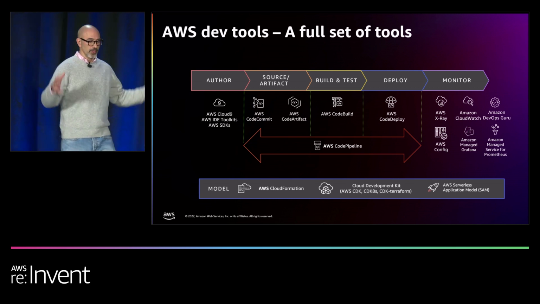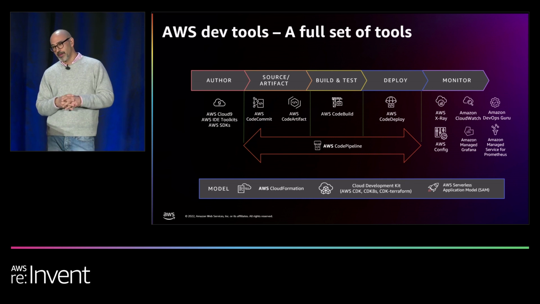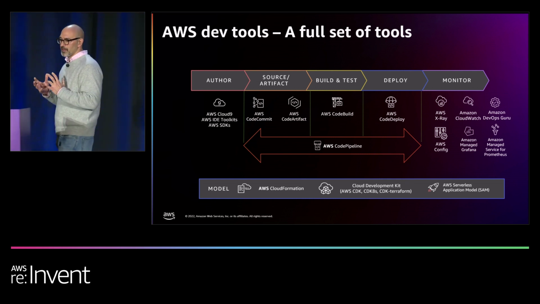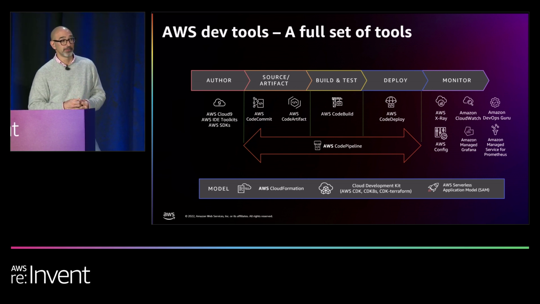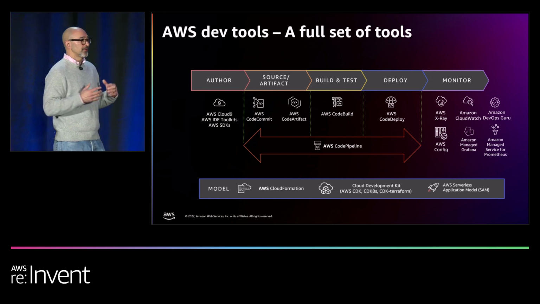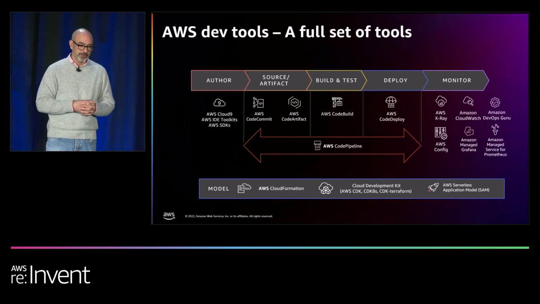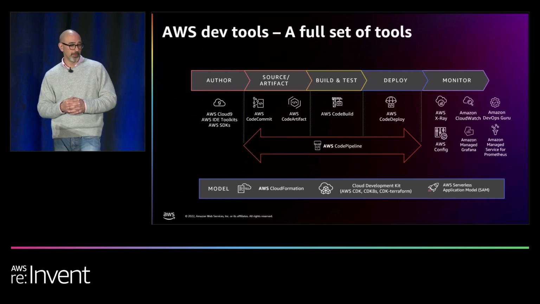And then we orchestrate that whole layer with AWS CodePipeline. We've shipped these services historically as individual building blocks. So this gives you an almost infinite variety of secure development and deployment workflows and a tremendous amount of scalability.